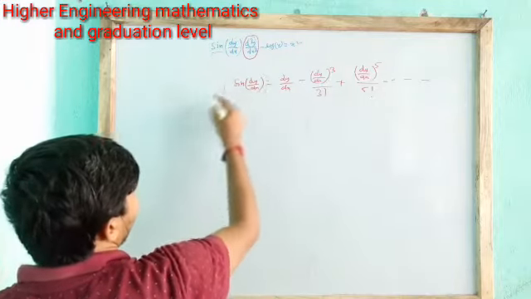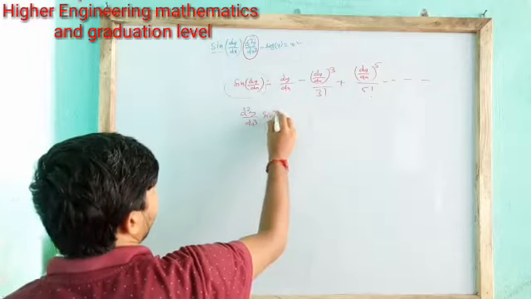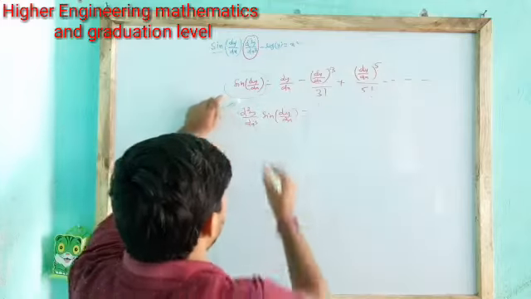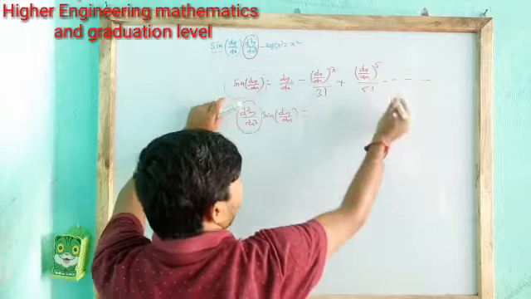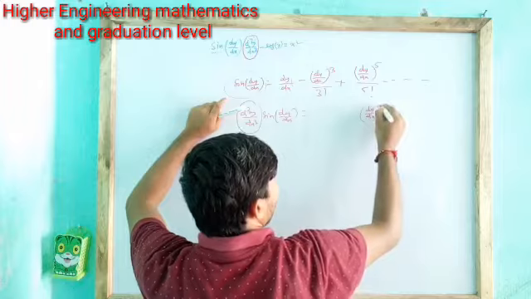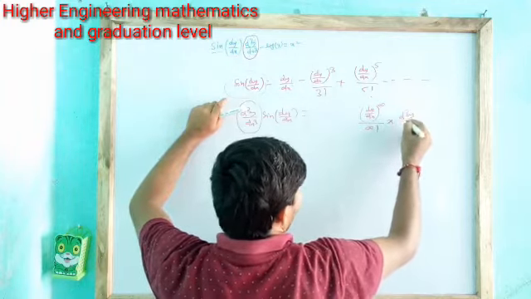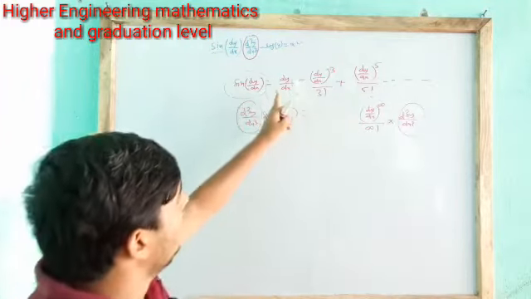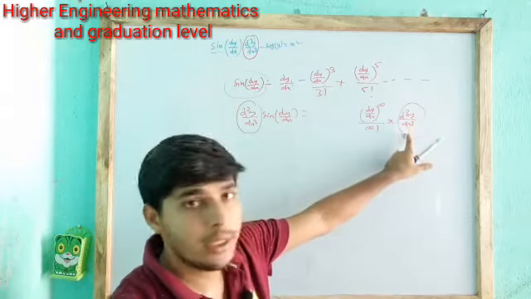But this function is multiplied by d cube y by dx cube. When we multiply it by sin dy by dx, we see that d cube y by dx cube is multiplied by every term. So at infinity, we see dy by dx to the power infinity by infinity factorial into d cube y by dx cube, which is the highest order derivative.